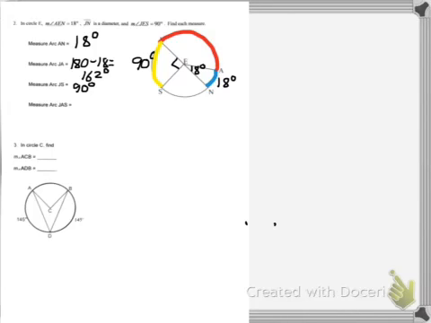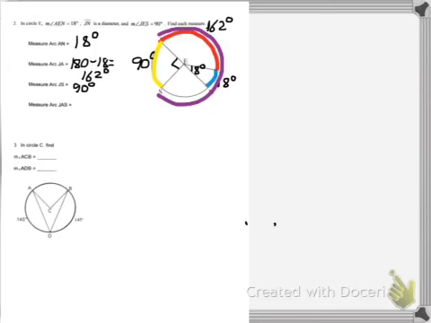All right, and then the last one asks for the arc JAS. This is a major arc, so we know that it's going to be greater than 180 degrees. So from J to A, all the way around here to S. Well, we said just a second ago that this was 162 degrees from J to A. We know that this is 18 degrees from A to N. And then to go from N to S, we need to figure that out.